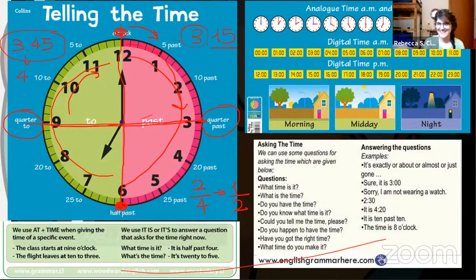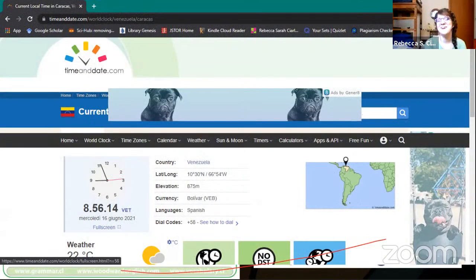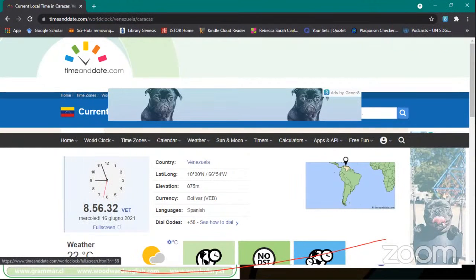Yes, perfect. So instead of saying past, we should say to and then count how many minutes are left. Imagine it's still 55. Don't look here because it's a little bit trickier.